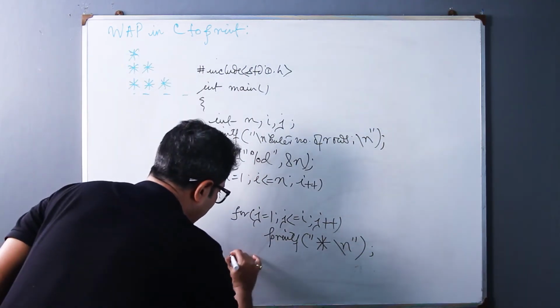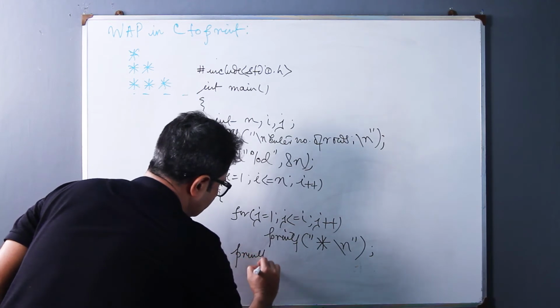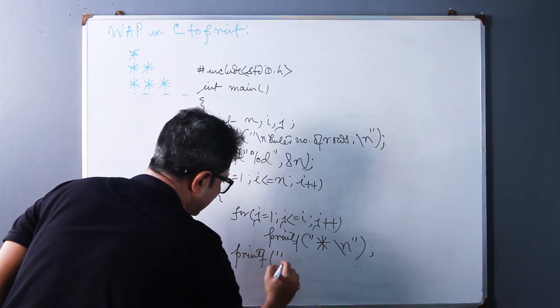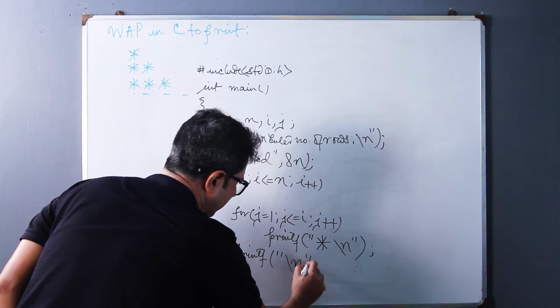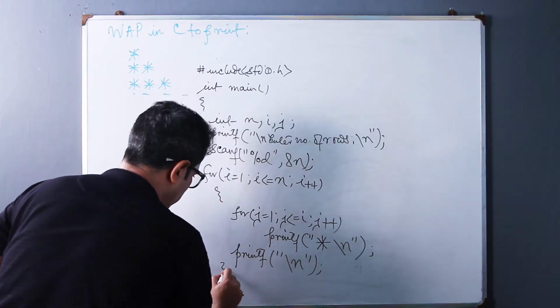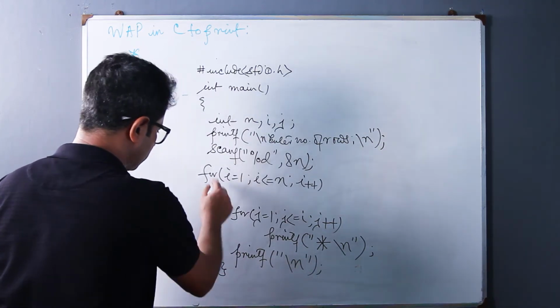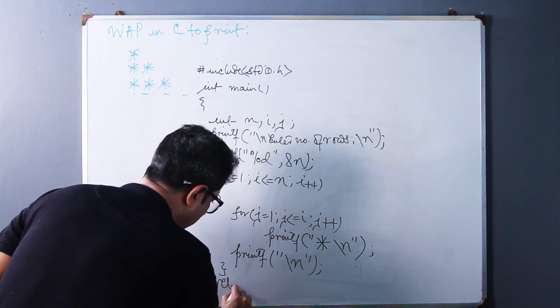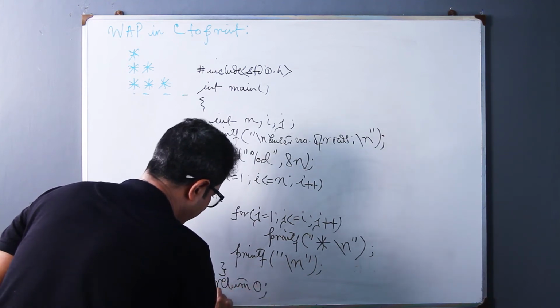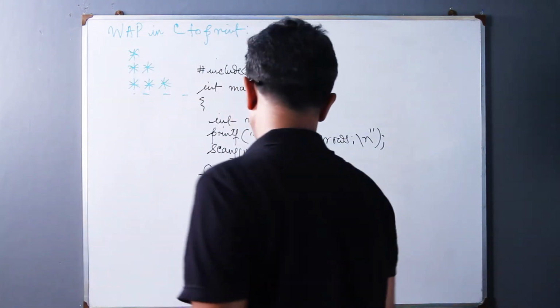Then we come to the next line in the outer loop. Printf new line to take care of the new line, and then the closing brace of the outer for loop, followed by return 0 and then the end of the main section.